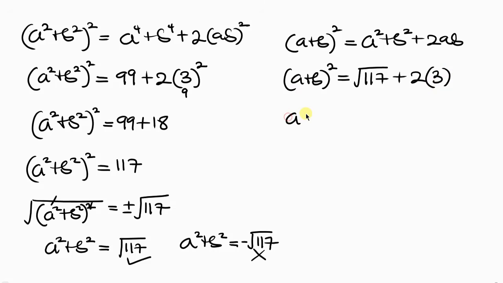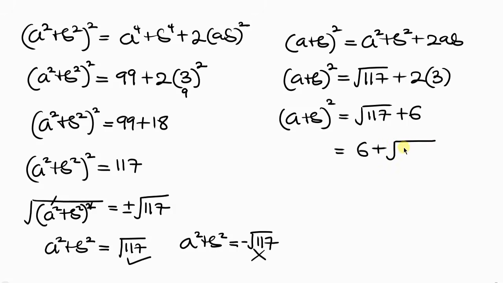So this becomes a plus b all raised to the power of 2 to be equal to the square root of 117 plus 2 times 3 is 6. Now I'm going to focus on the right hand side. We'll simplify. So I write 6 plus, now the square root of 117 is the same as the square root of 9 times 13.